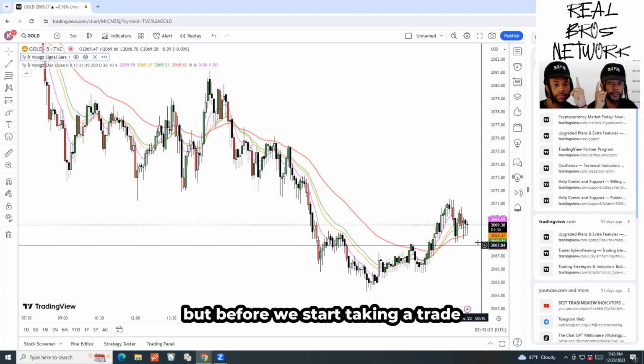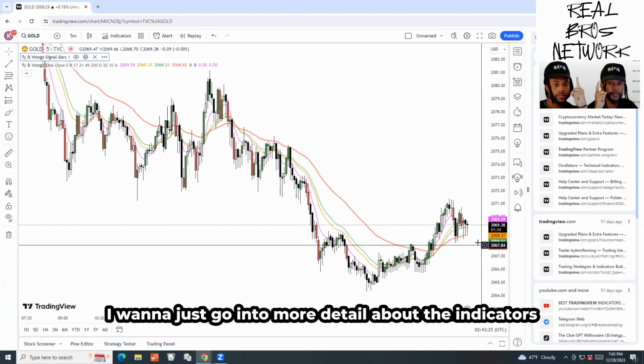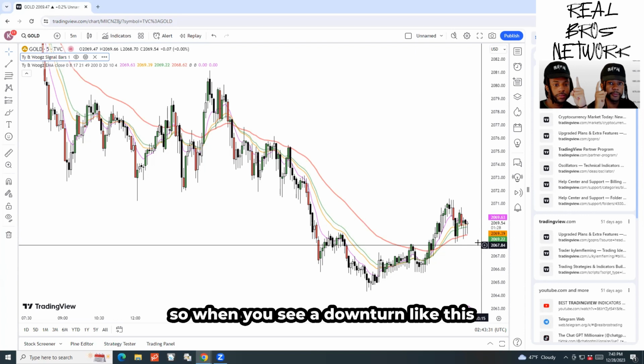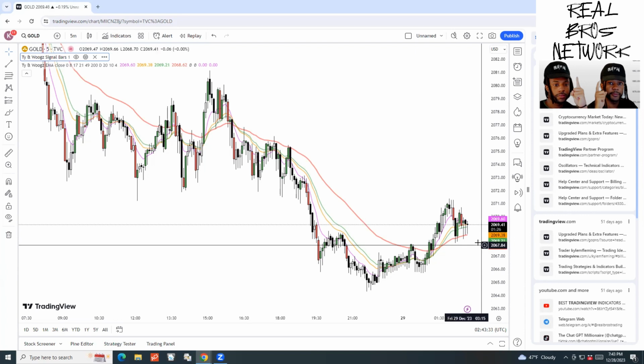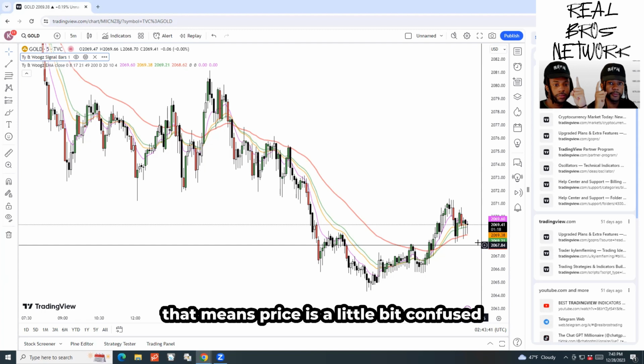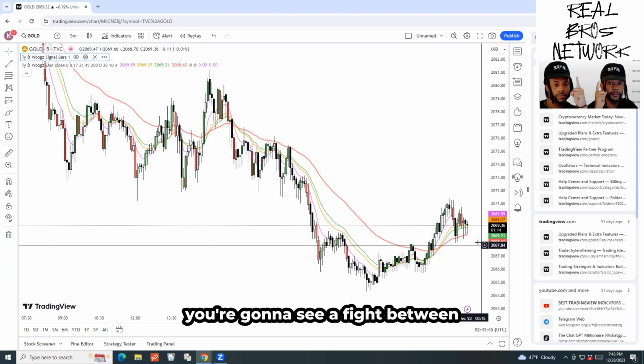But before we start taking a trade, I want to go into more detail about the indicators. When you see a downtrend like this, if you're above the EMA line, but it's a downtrend, that means price is a little bit confused. So you're going to see a lot of wicks like you're seeing right now, and a fight between the buyers and the sellers to control price.